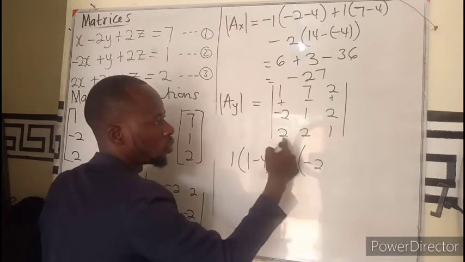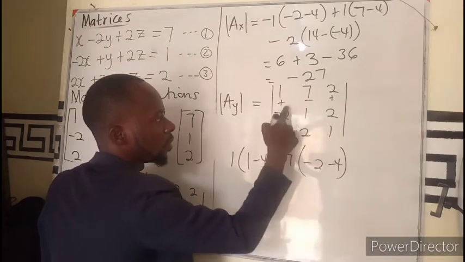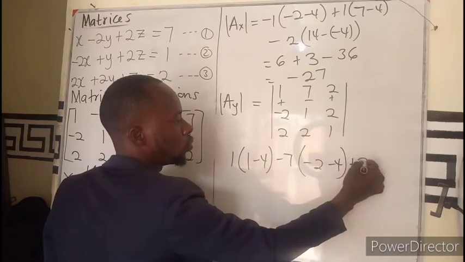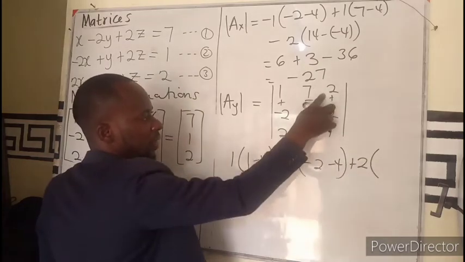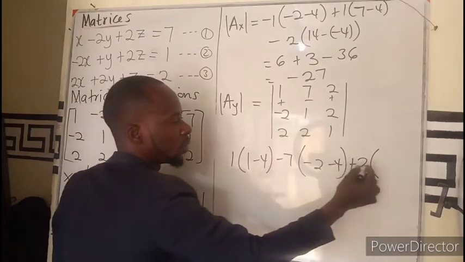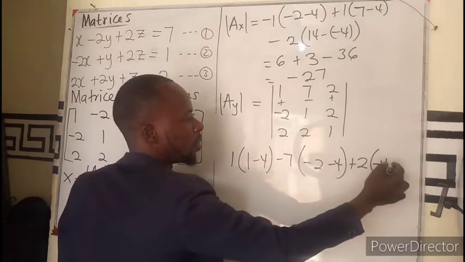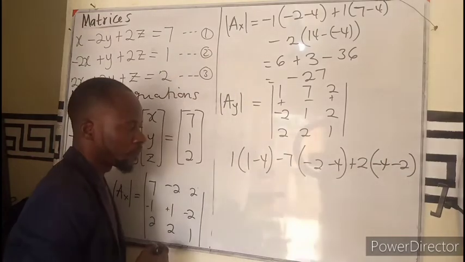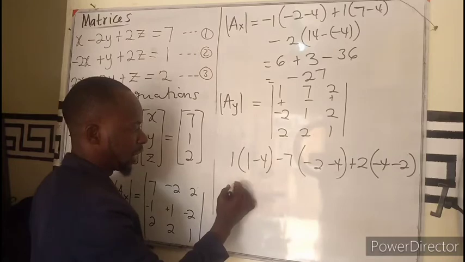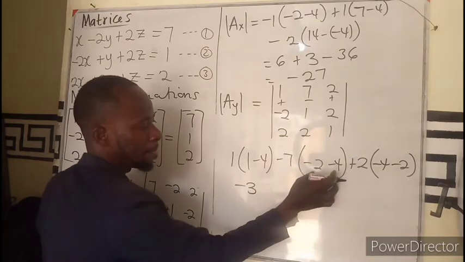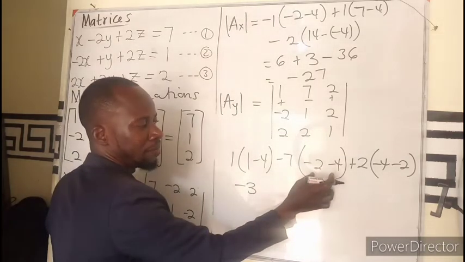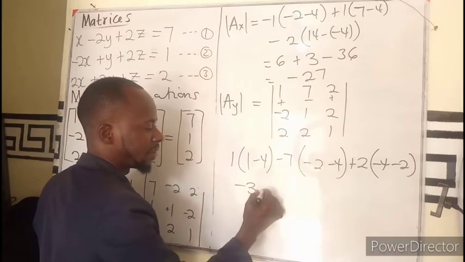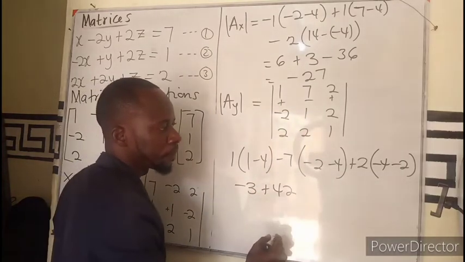Minus 2 minus 4. This is plus. So 2. If everything is gone, you'll be left with this. So minus 4 minus what? 2. What will I get? This will give me minus 3. This will be minus 6 times this plus 42.